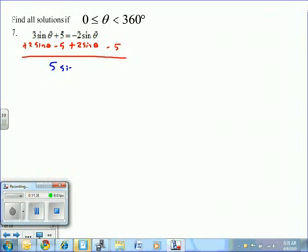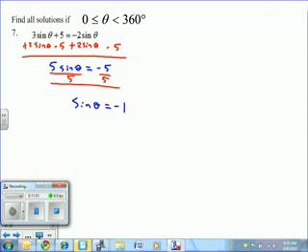And you end up with 5 sine theta equals negative 5. And then you would just divide by 5, right? Sine theta equals negative 1.